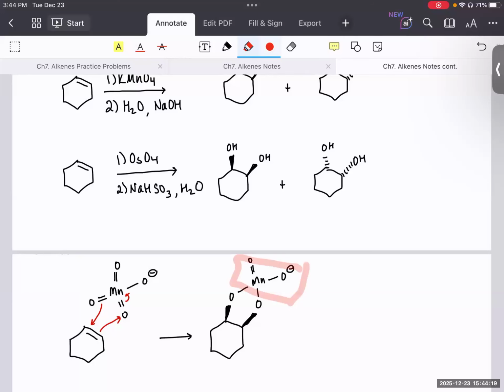It's a multiple step reaction sequence, but we end up getting those two OHs after that reaction with base. Those oxygens retain their stereochemistry, and so we end up having syn dihydroxylation.